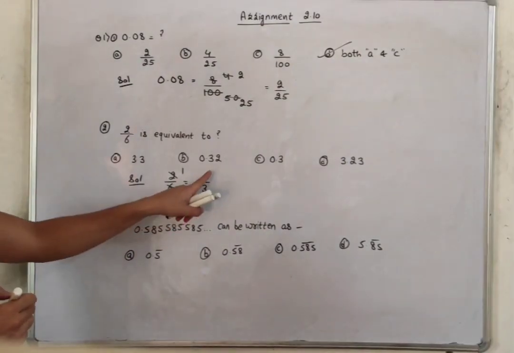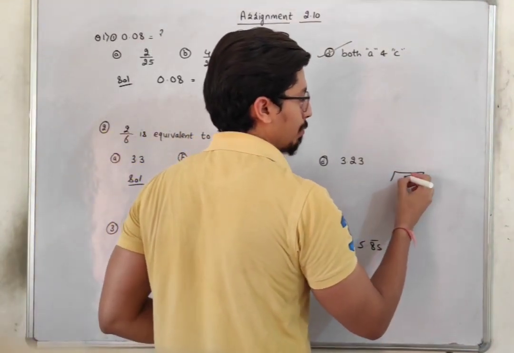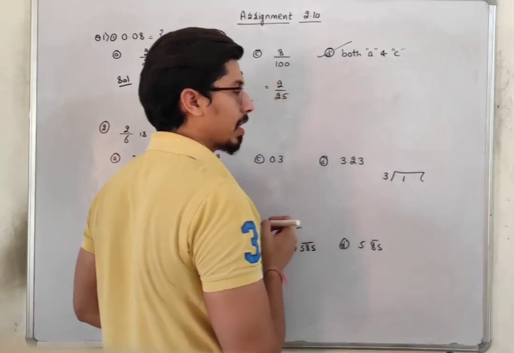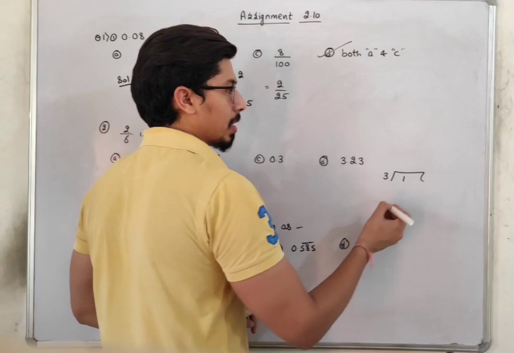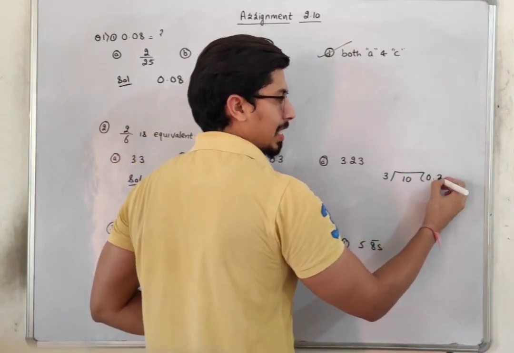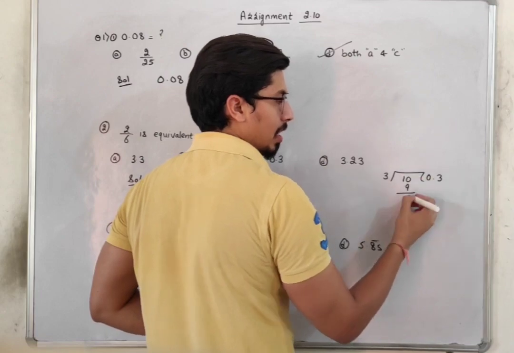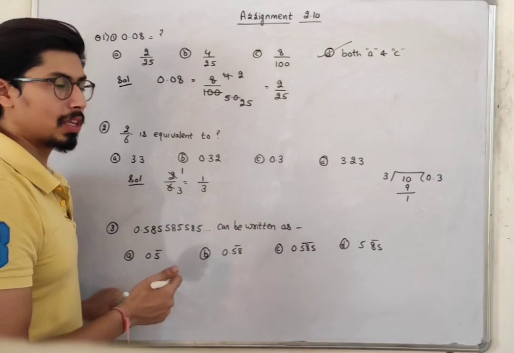So if I divide 1 by 3, 1 is not divisible by 3, so I have to place a decimal here. So 0.0. So take 3 3s are 9, it will be 1. Okay. So we get 0.3 repeating.